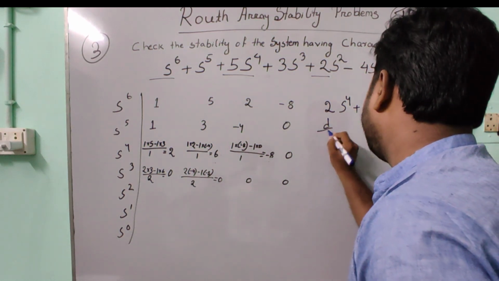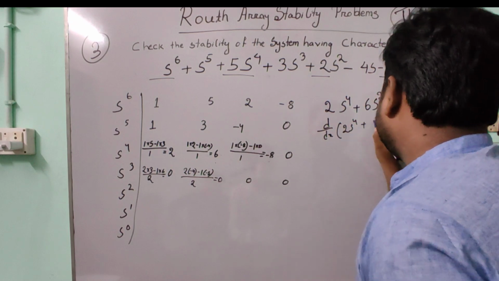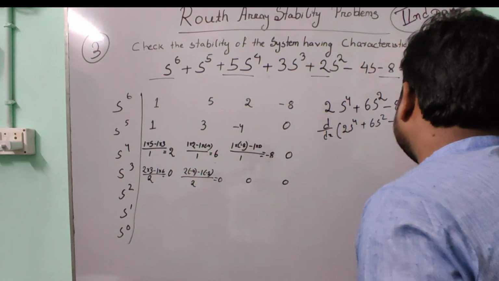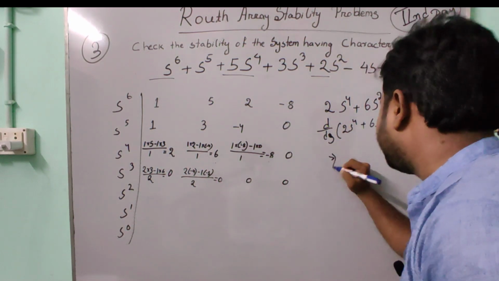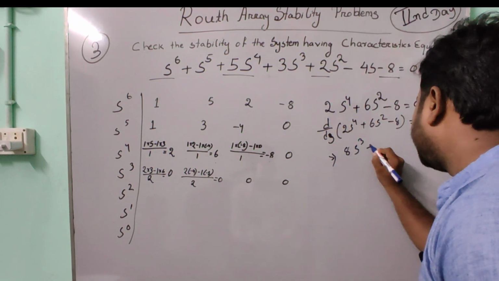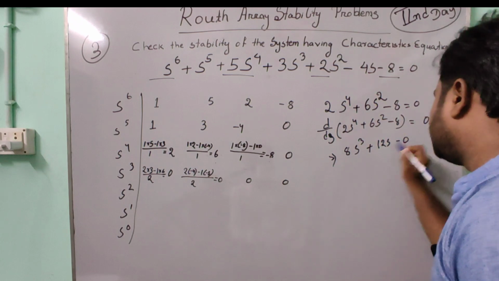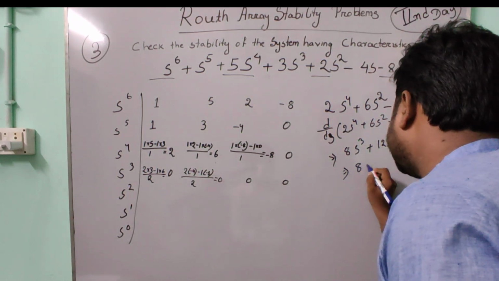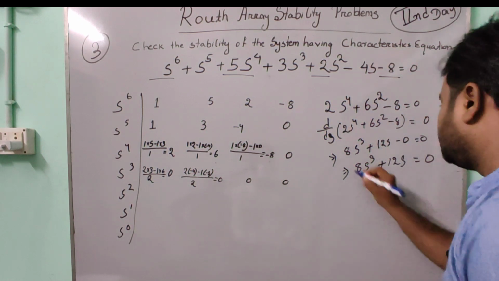So d/ds of (2s^4 + 6s^2 - 8) is 8s^3 + 12s - 0, which implies the equation will be 8s^3 + 12s = 0.